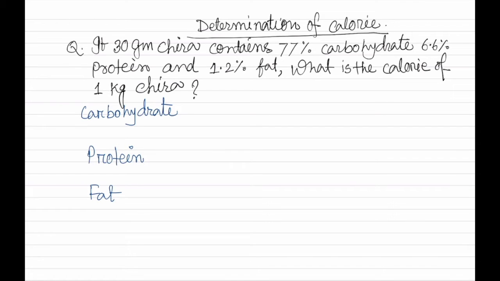In 30 gram chira, carbohydrate contains 77%.